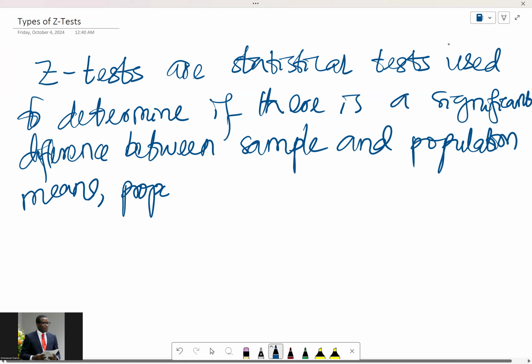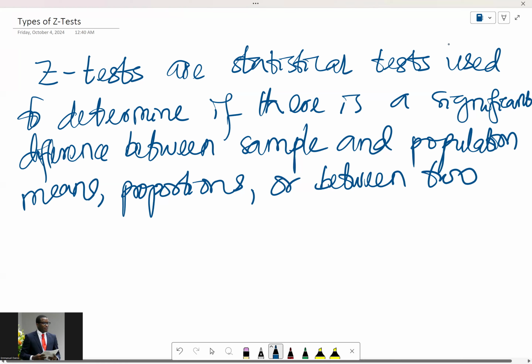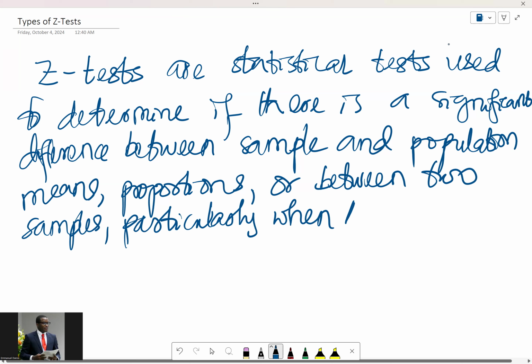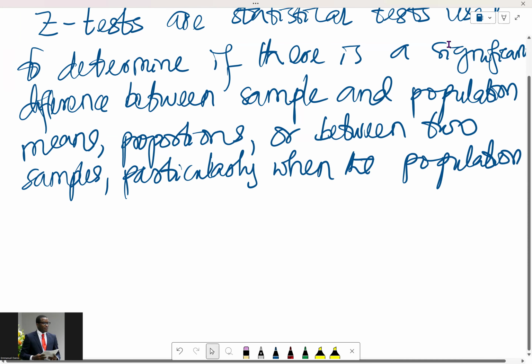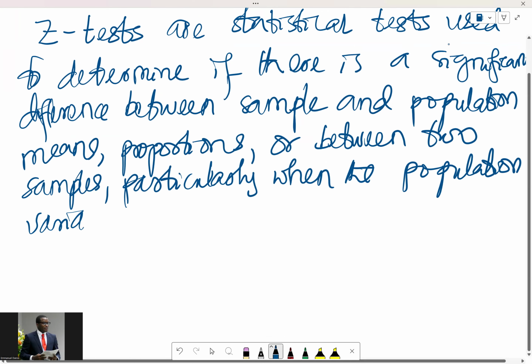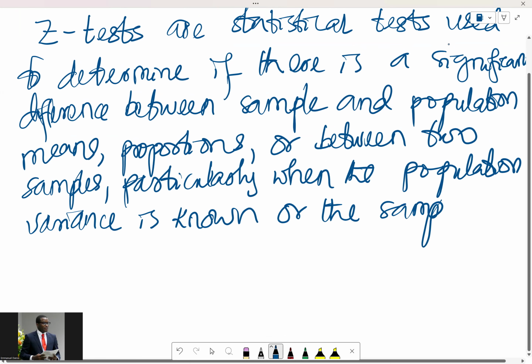Or proportions. So they can be population means or population proportions, or even between two samples, particularly when the population variance is known, or the sample size is large.